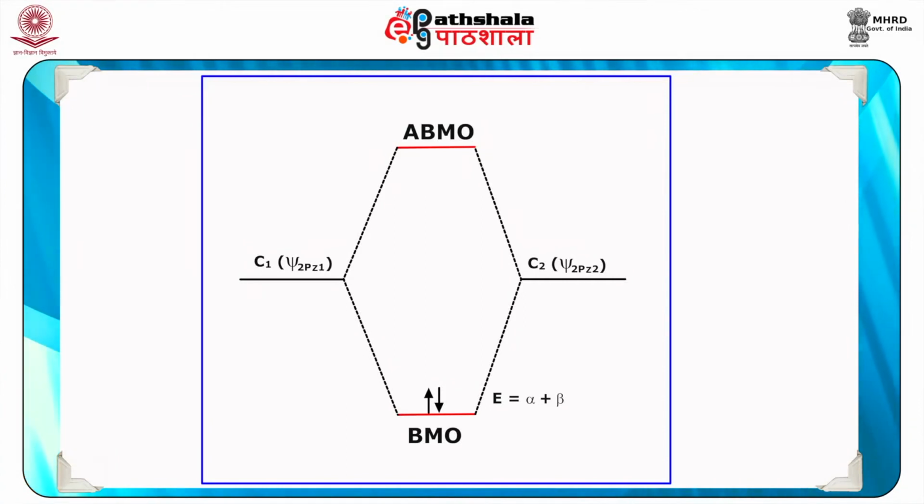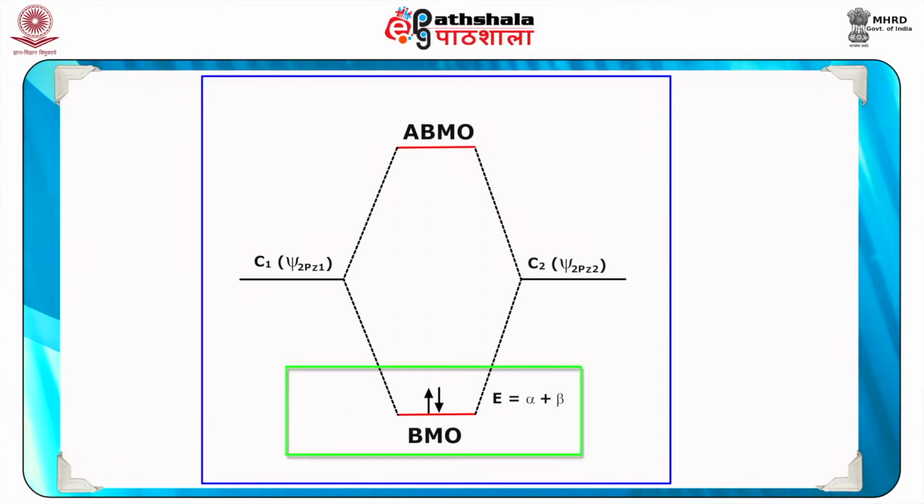As you can see here, at the lower end we have the bonding molecular orbital, which represents the energy E is equal to alpha plus beta. Because alpha is negative and beta is negative, the total expression will be negative. That means it leads to stability, and therefore it is called the bonding molecular orbital.